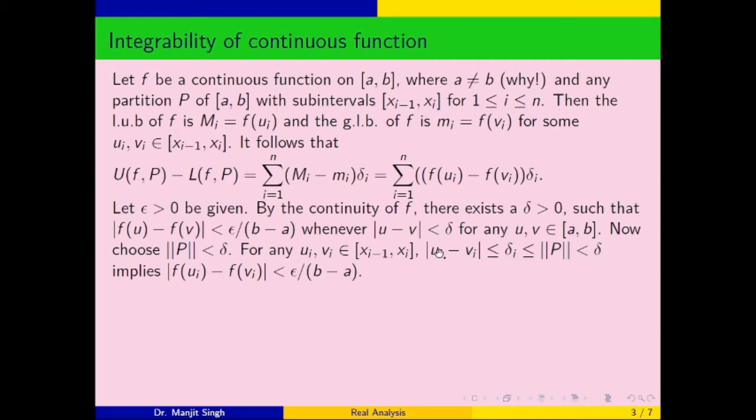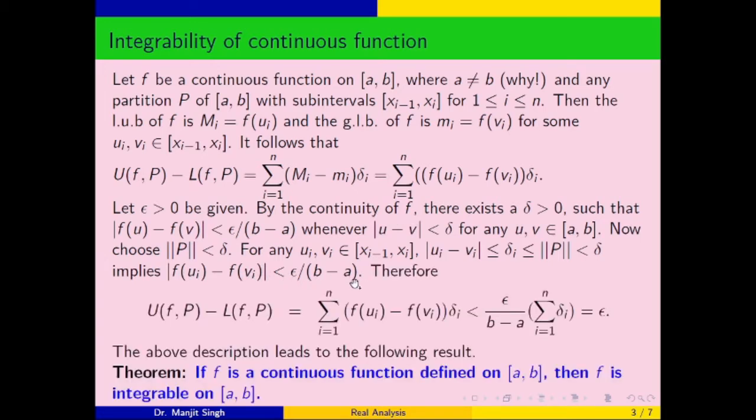Now applying the condition of continuity, we get f(ui) minus f(vi) is less than epsilon upon b minus a. Therefore the difference we have seen above now turns to this inequality.